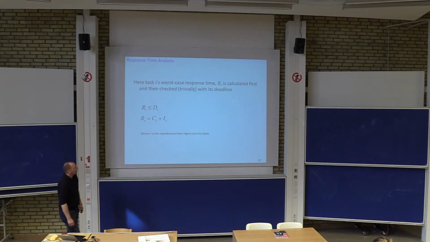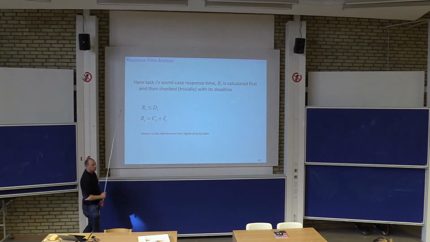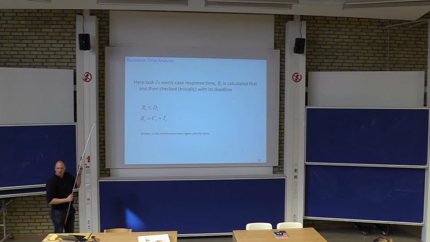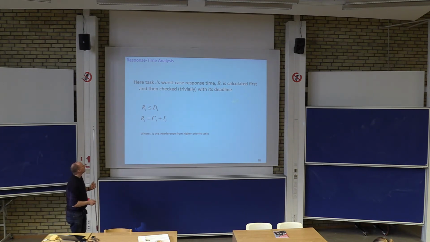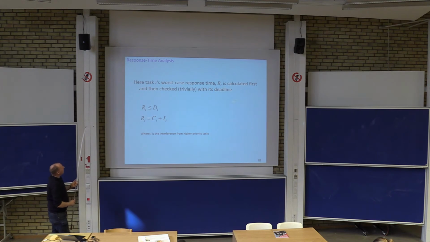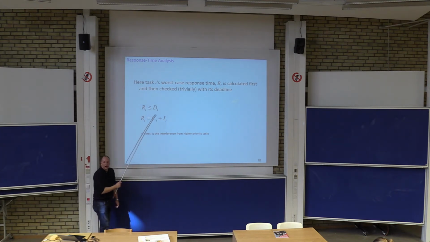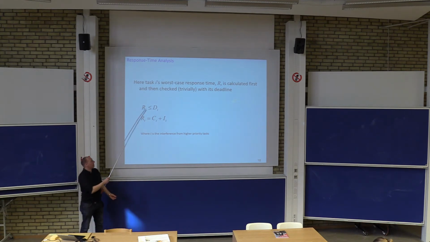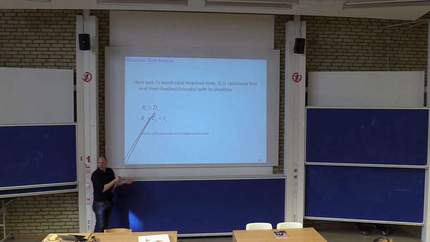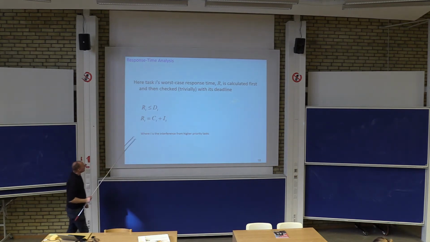Yeah. So what we'll do now is compute the response time, meaning the time between when the task is released until it's finished, for every task. And then basically we will compare the response time to the deadline. Now the deadline can be equal to the period, but it can also be a tighter deadline.